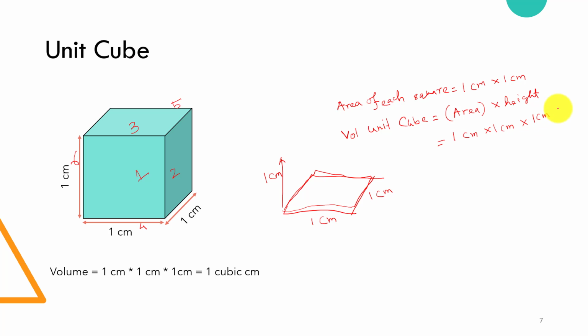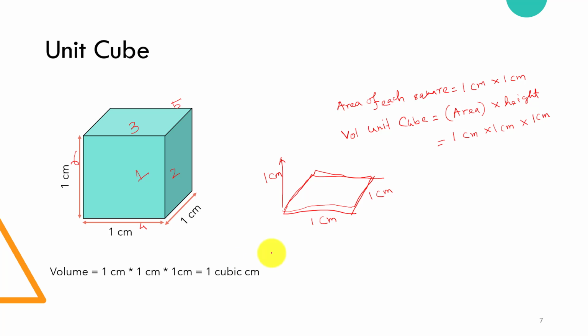So we can think of volume as how much material we need to build this cube as well. That is another way of thinking about what volume is. So the volume of this cube is 1 centimeter into 1 centimeter into 1 centimeter, so we say 1 cubic centimeter.